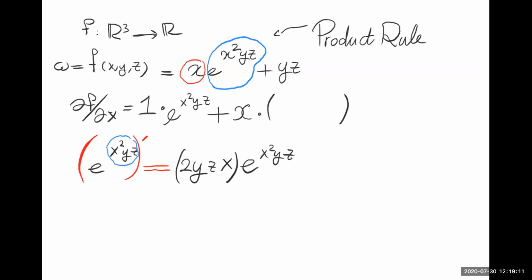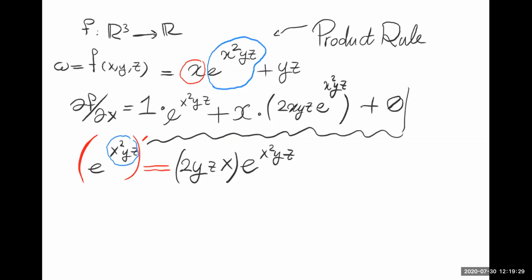That would be 2xyz, e to the x squared yz. And then the derivative of yz with respect to x is 0. So that's the partial derivative with respect to x.